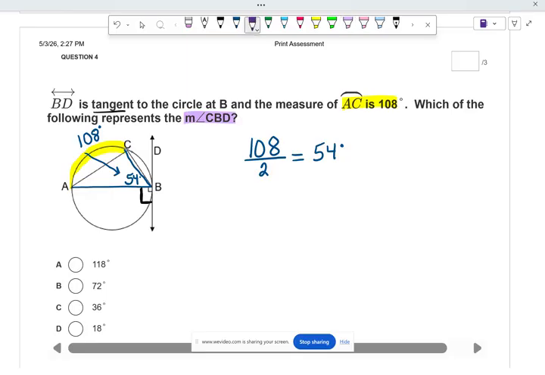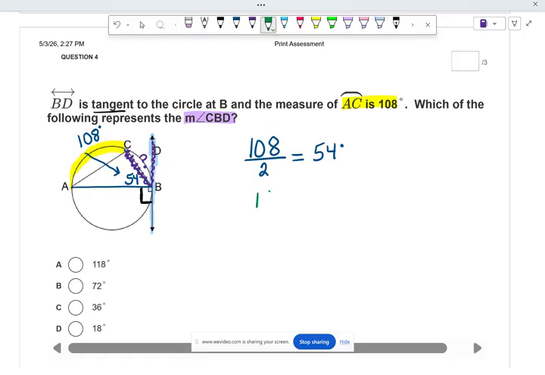Let's outline from the C to the B to the D. We don't have that measurement yet, but I do see a straight line segment. Look right there. That's a straight line. We know that the 3 angles on that straight line add up to equal 180.